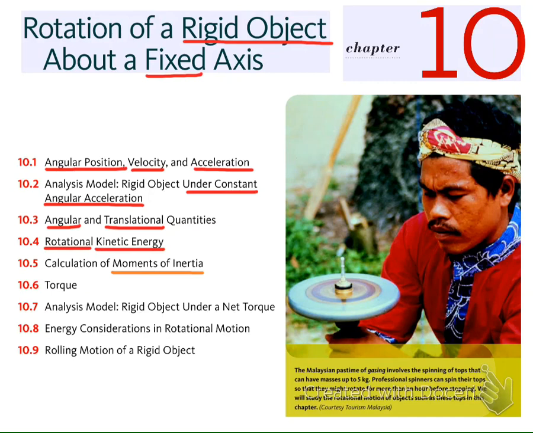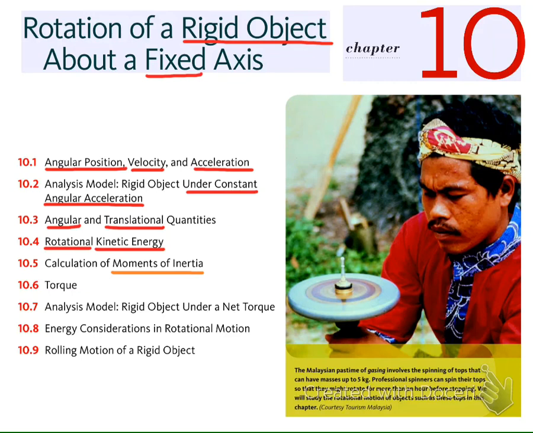Similarly, moment of inertia tells us how hard or how easy it is to rotate a rigid object. So in this point, mass and moment of inertia are similar, but we will see that there are some differences between the concept of mass and moment of inertia.